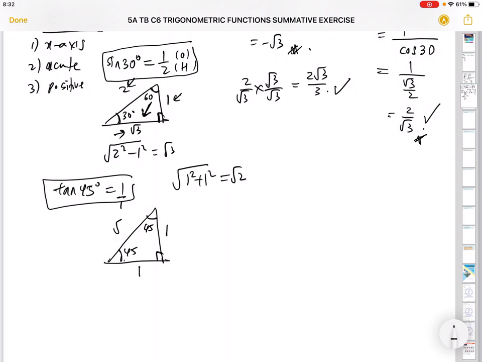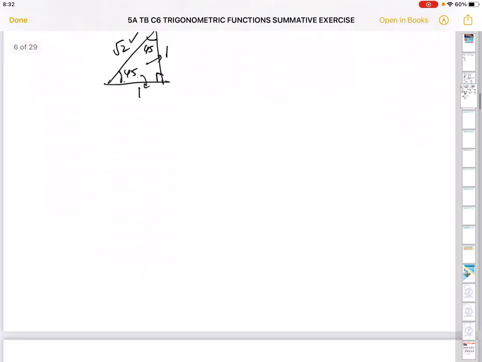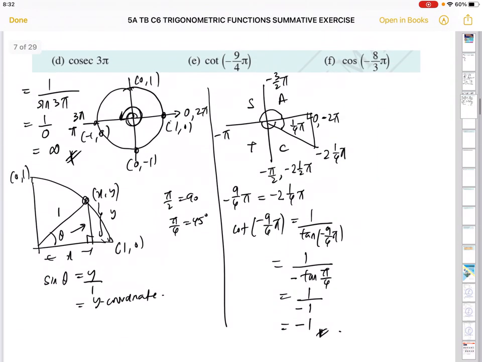So once I can find the hypotenuse, I can find all 3: sine, cos, tangent of 45. Sine 45 is 1 over root 2, right? My opposite is 1, hypotenuse is root 2. My cos 45 is adjacent 1, hypotenuse is root 2. You can find everything, right? But this is tangent 45. Tangent pi over 4 is the same as tangent 45. It is also 1. Okay.